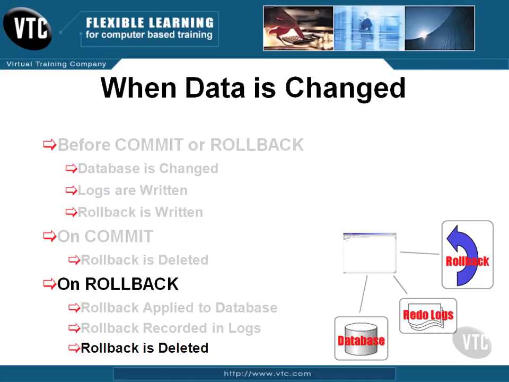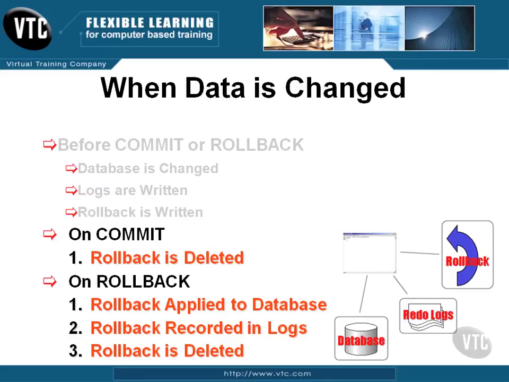Finally, the rollback is deleted or simply flagged as overridable. So on commit, remember, only the rollback is deleted. On rollback, the rollback is applied to the database, you reapply the changes, rewrite the redo logs, and remove the rollback by deletion. Commit is a lot faster. It's meant to be. That's the way it works.